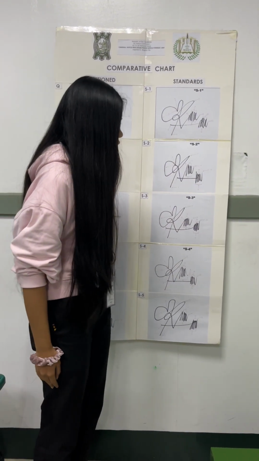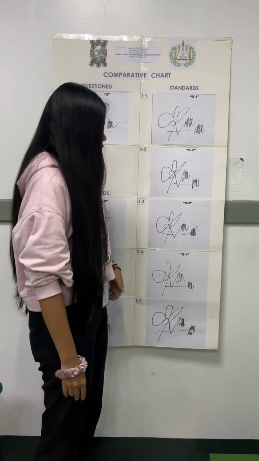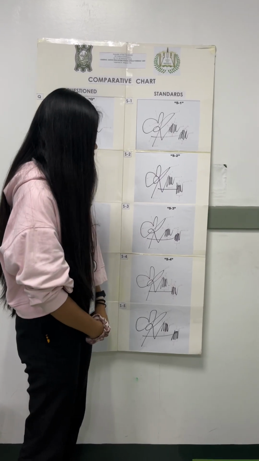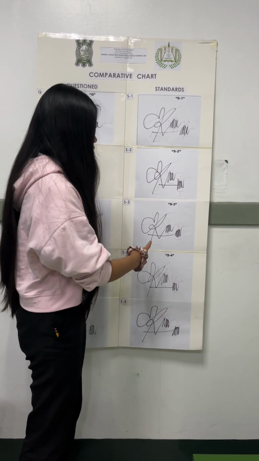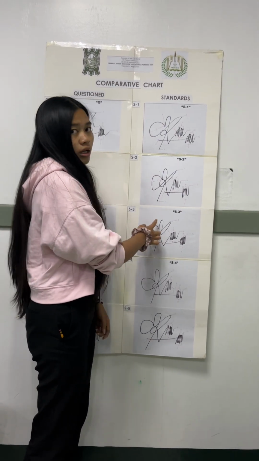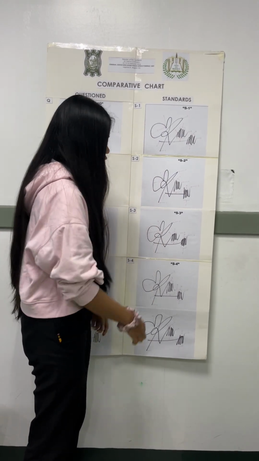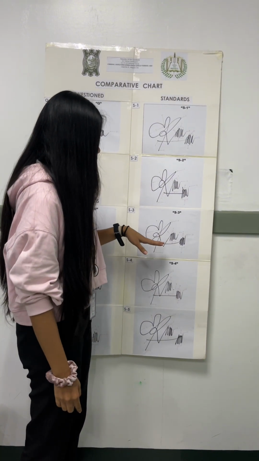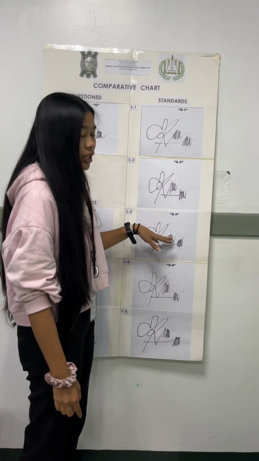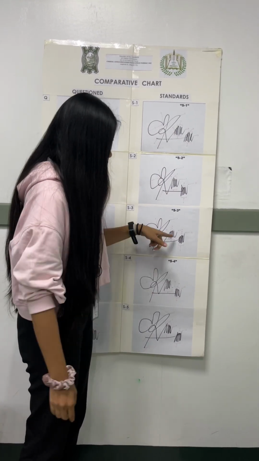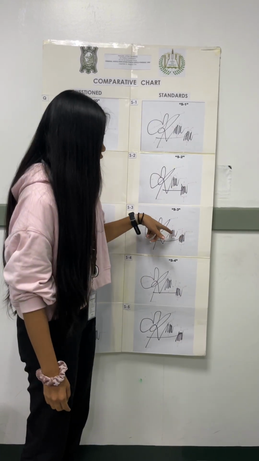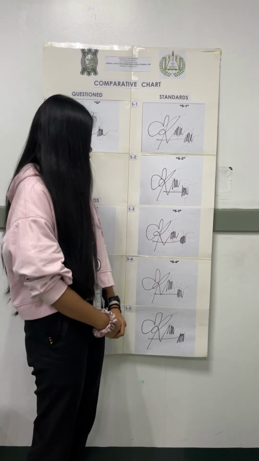And the fourth one is the alignment. The signature appears to be convex because, as you can see, the first part of the writing, which is the R, started from the baseline, then the second writing goes up, then for the last writing it goes down again to the baseline.